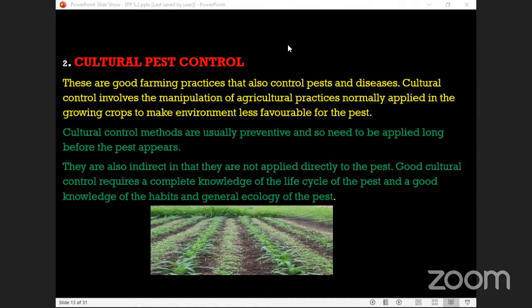Cultural control methods are usually preventive and so need to be applied long before the pest appears. They are also indirect in that they are not applied directly to the pest. Good cultural control requires a complete knowledge of the life cycle of the pest and a good knowledge of the habits and general ecology of the pest.